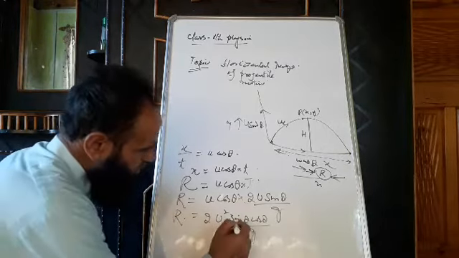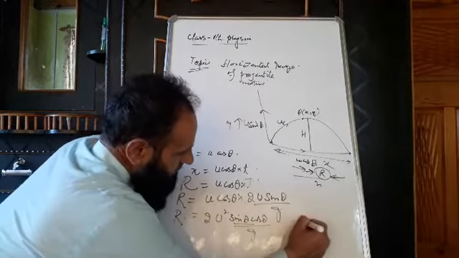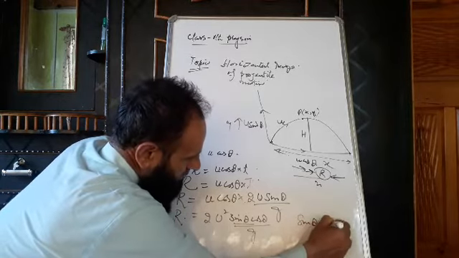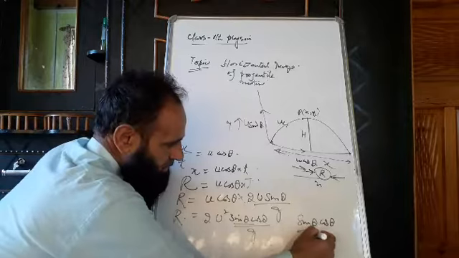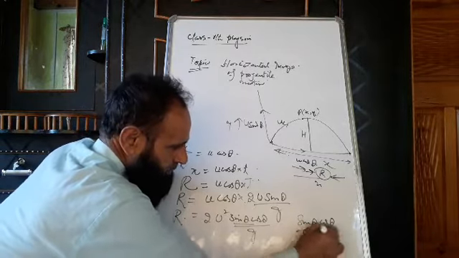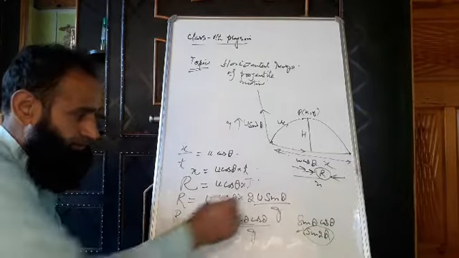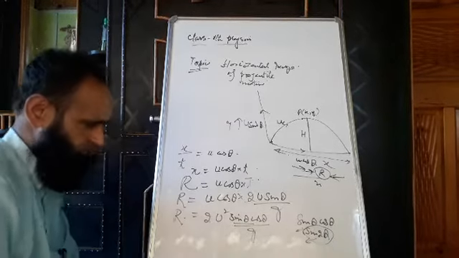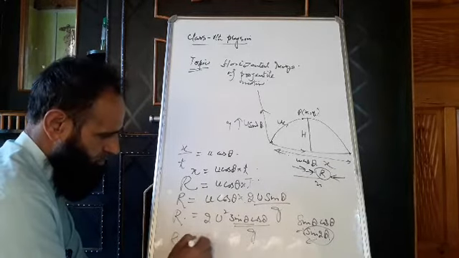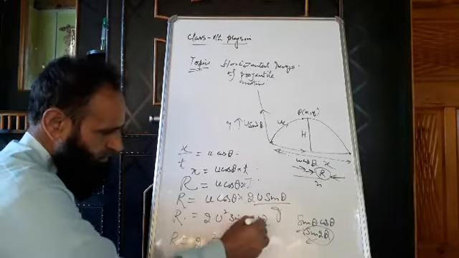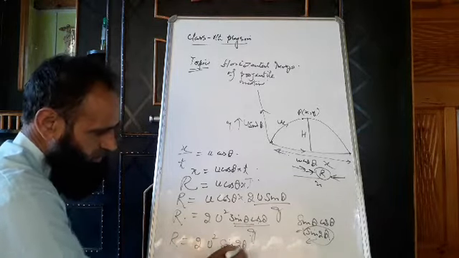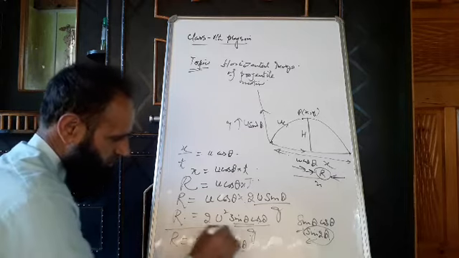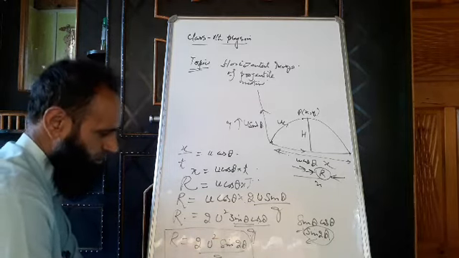We know from 11th class trigonometry that sine theta into cos theta is equal to sine 2 theta over 2. So R is equal to u square sine of 2 theta divided by g. This is our equation for horizontal range.